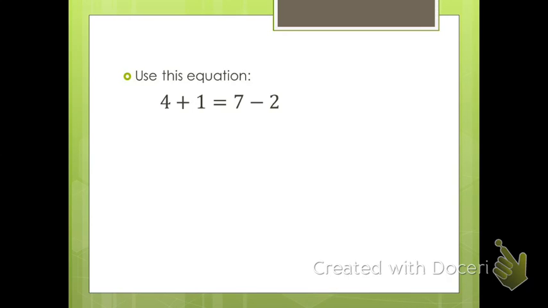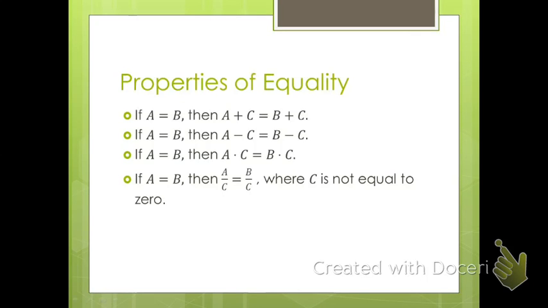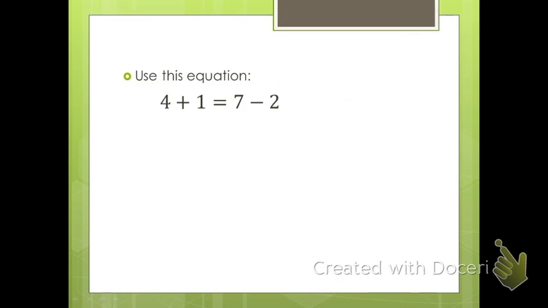And if we look at this equation right here, you can see that this equation is true. This is a true equation because the left side equals the right side. 4 plus 1 is 5, and 7 minus 2 is 5.